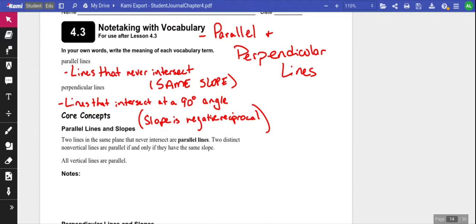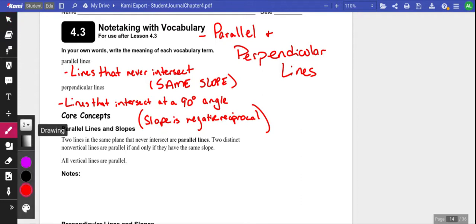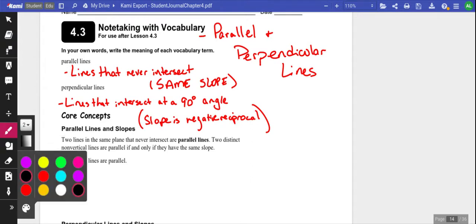Okay, so just as a refresher, let's get these vocab terms for both of these types. If you need to, you can always pause the video. All right, parallel lines are lines that never intersect. Okay, so there are two lines that go at the exact same angle.